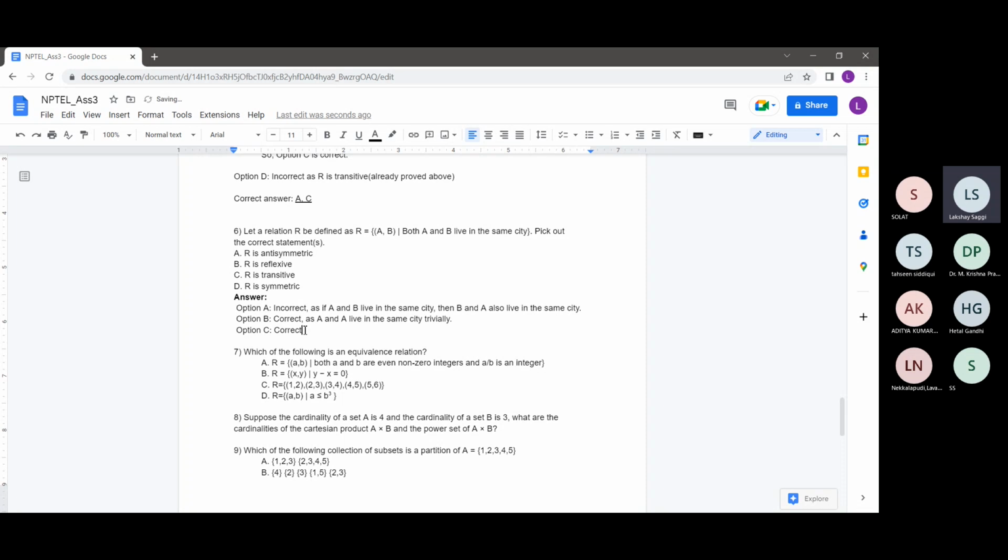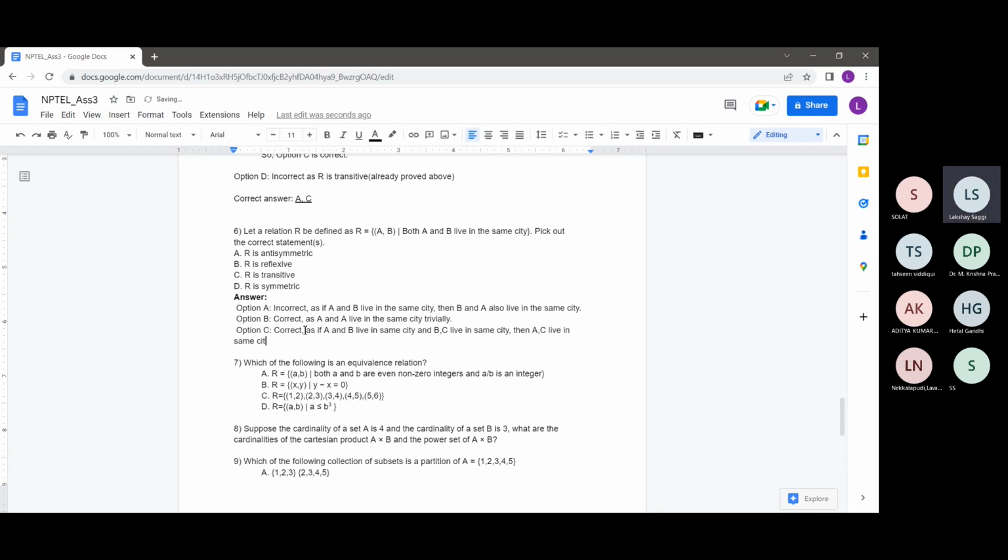So this would be correct, as if A, B live in the same city and B, C live in the same city, then A, C live in the same city.